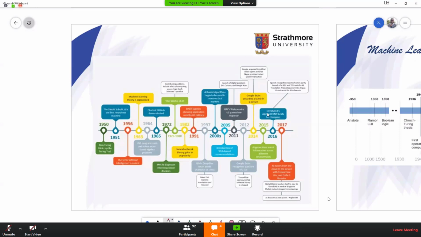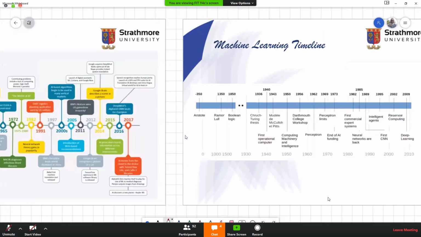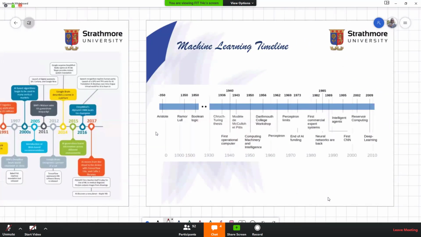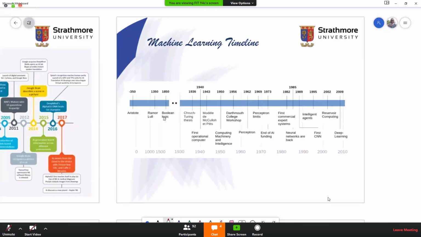And currently, as we are speaking, some of the major things in the field is actually deep learning, which is driven by neural nets. Good. Another timeline is here from way back in the times of Aristotle and these philosophers, all the way to logic that we are going to use a lot, all the way to Turing and Church writing their thesis paper.